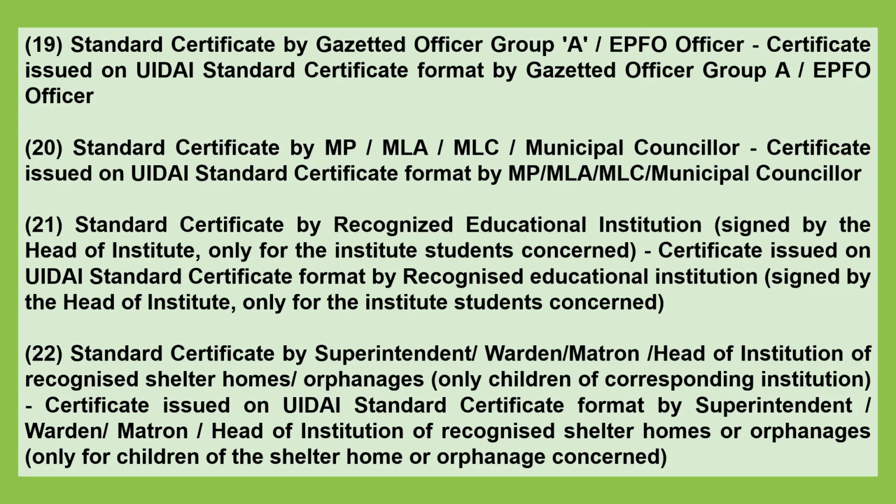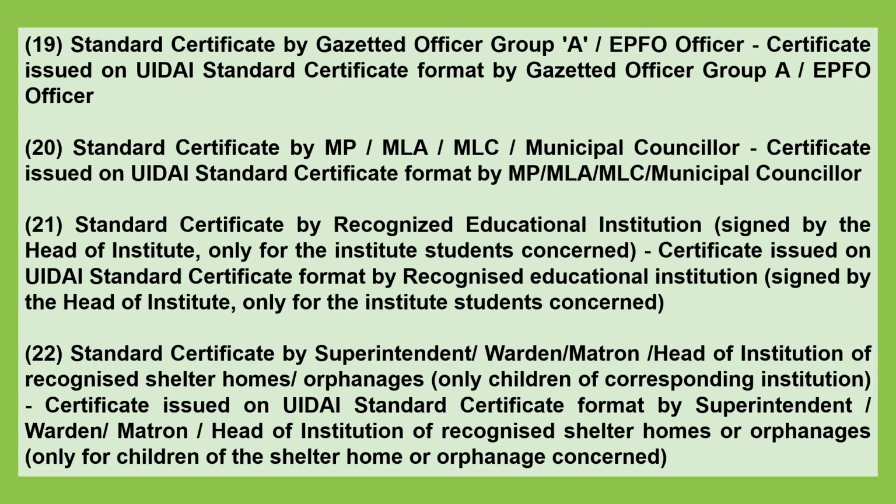Standard certificate issued on UIDAI standard certificate format by MP, MLA, MLC or municipal councillor. Standard certificate issued on UIDAI format by recognized educational institution signed by the head of institute only for the institute's students concerned.